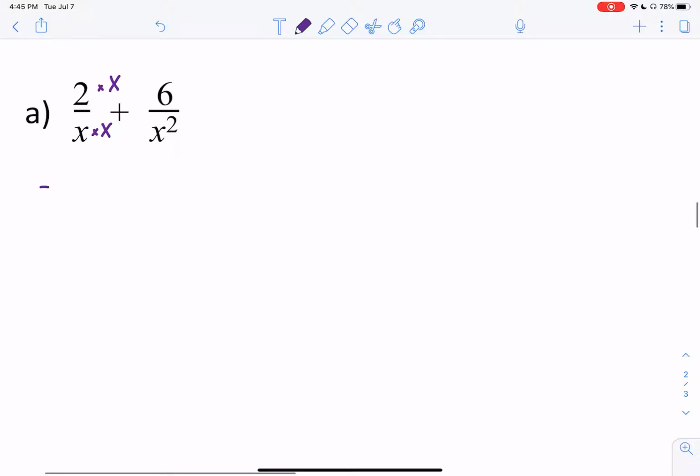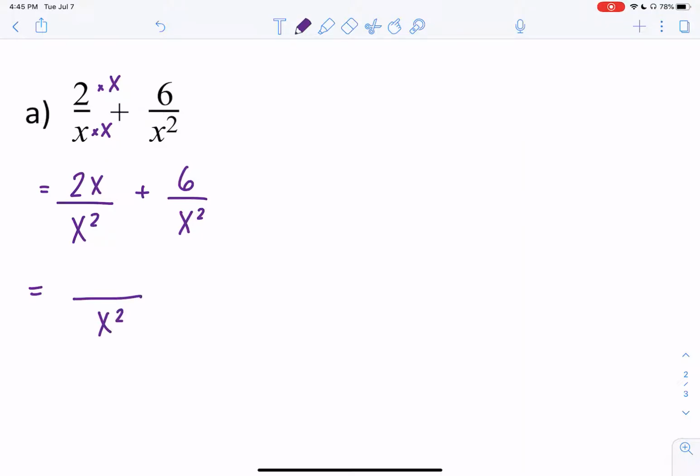So that will give us 2x over x squared plus 6 over x squared. And now I'm going to add them. We keep the denominator, and then we just add our numerators like that. And because I do have x's on the bottom, I need to think about my restrictions. So in this case, x cannot equal 0.